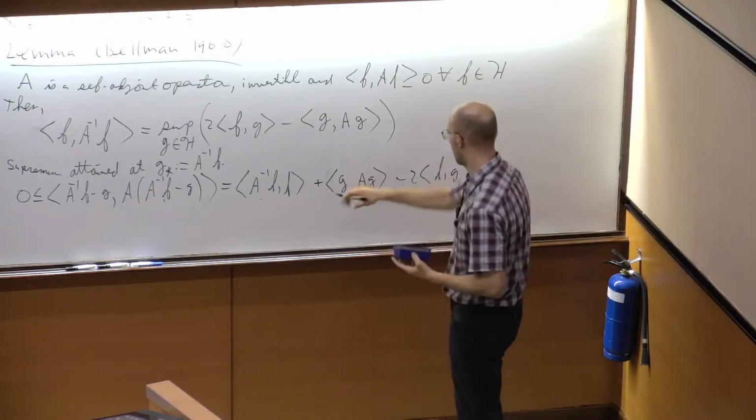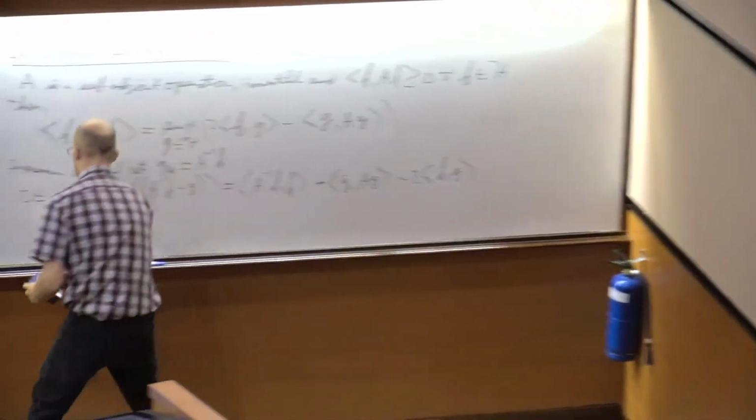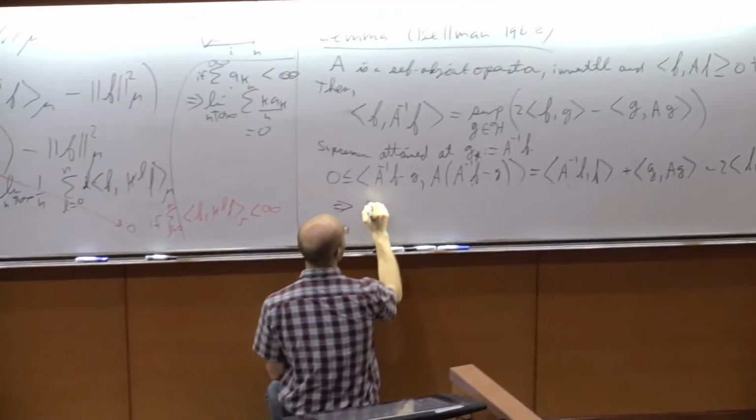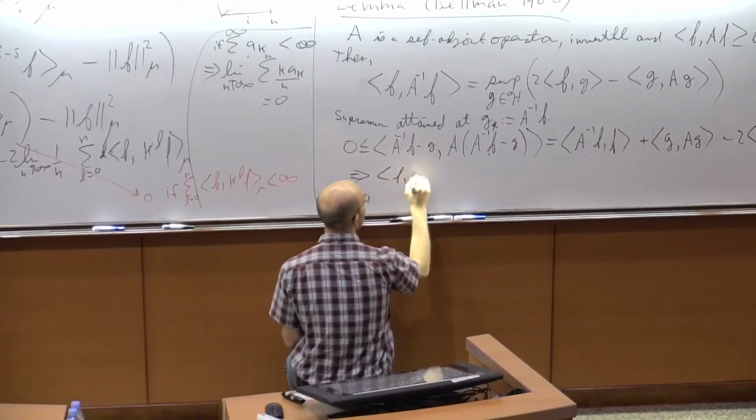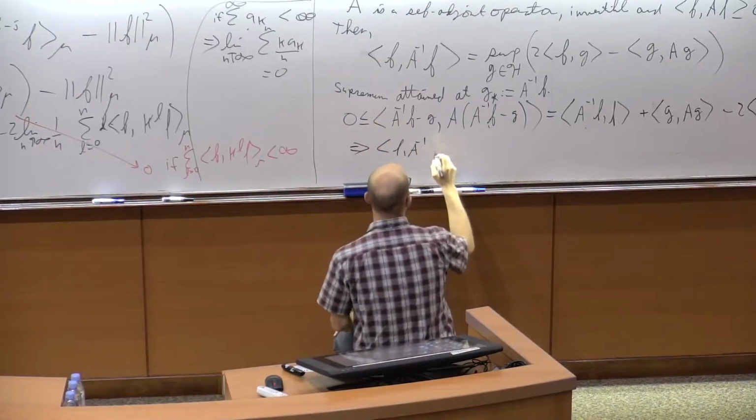And then if we bring things to other sides, this implies that A inverse is also self-adjoint. It's easy to see.